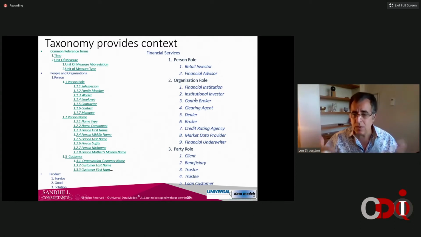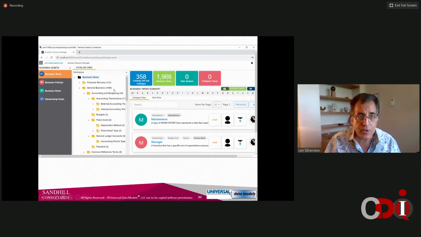Now, what we do, we have a library of all these terms, and when we go into an industry and find, oh, here's a better way to structure the generic model, it actually helps all the industries, because all the industries take in the generic constructs. So what we do is we create catalogs.